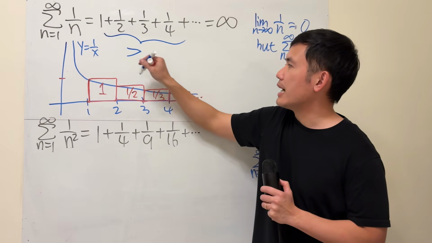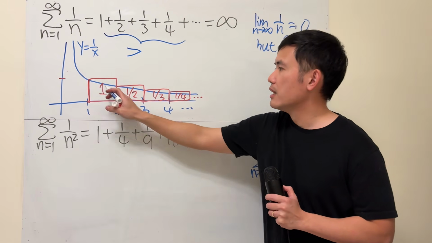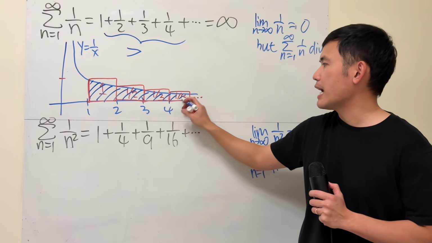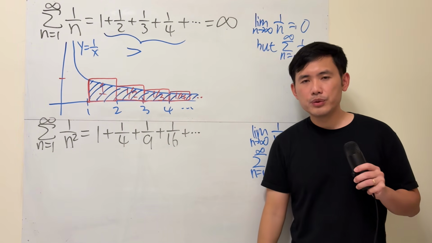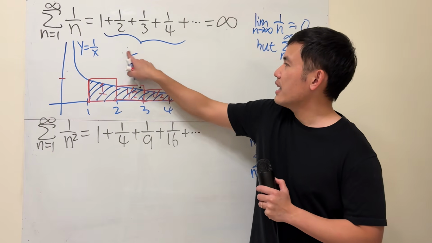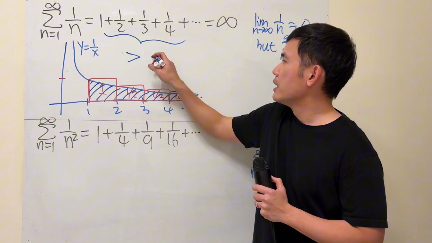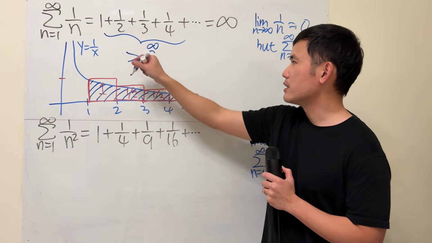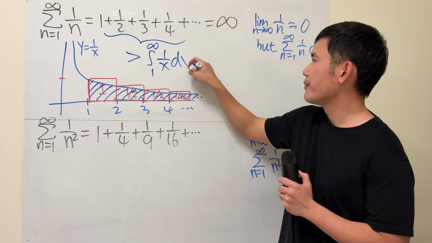You can conclude that it must be greater than the area under the curve, which is the blue portion that I'm shading right now. And how do we compute the area under the curve? Integrals, right? In this case, it will be the integral from 1 to infinity of the function 1 over x.